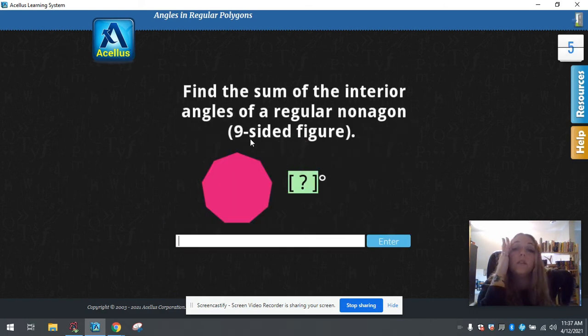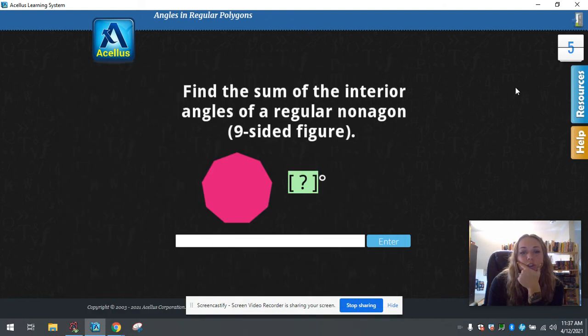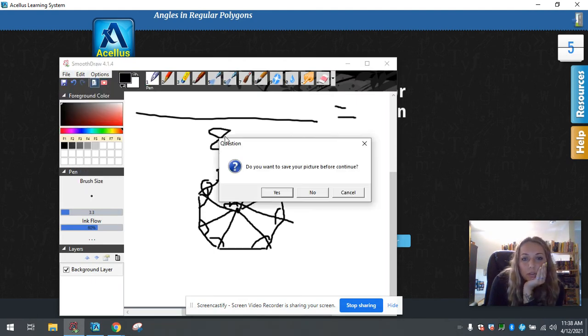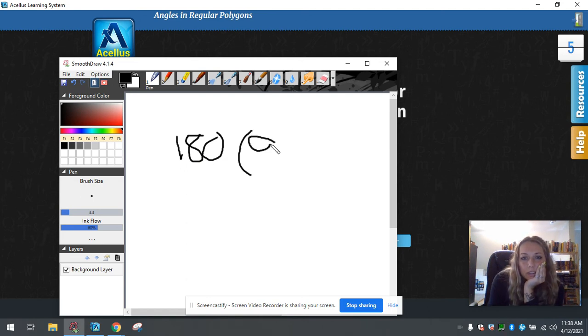Find the sum of the interior angles of a regular nonagon, which is a 9-sided figure. To find the sum of the interior angles of a regular polygon, here's the formula. You go 180 times the number of sides, which in this case is 9, minus 2. 9 minus 2 is 7.